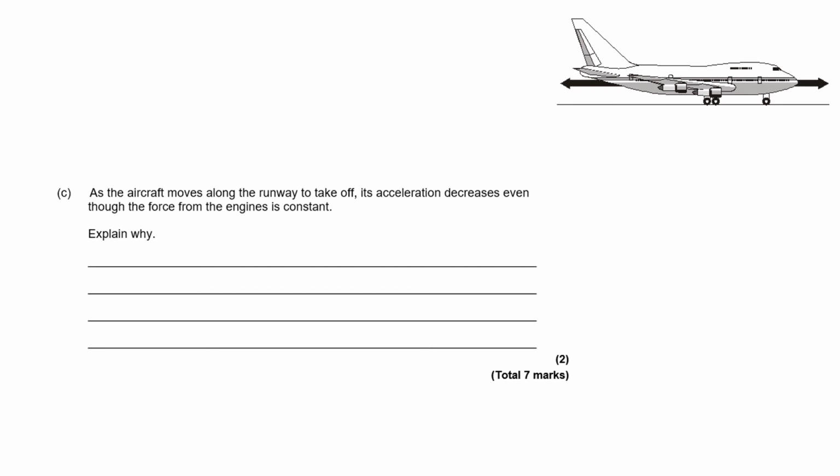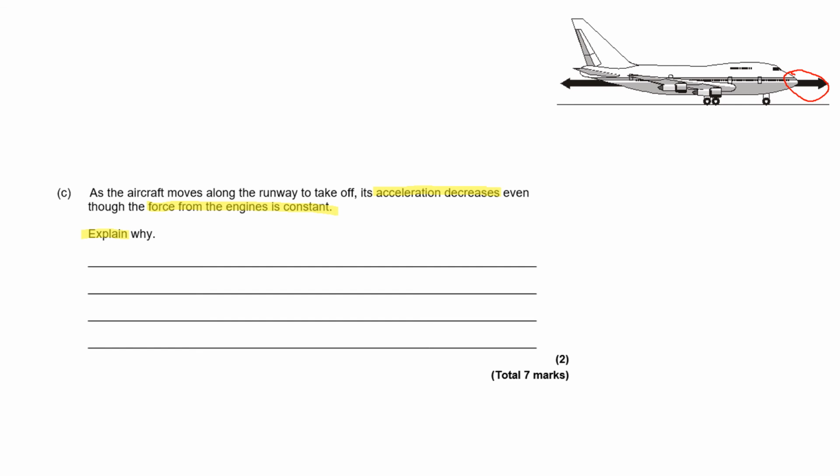Okay, so we're told that the aircraft moves along the runway and its acceleration decreases even though the force from the engines is constant. And this is an explain question, not a describe question. So let's start thinking about what this means. So we know that this forward force here isn't going to change, but we know that the acceleration decreases.